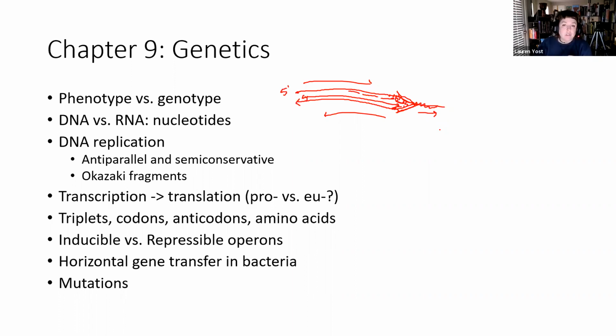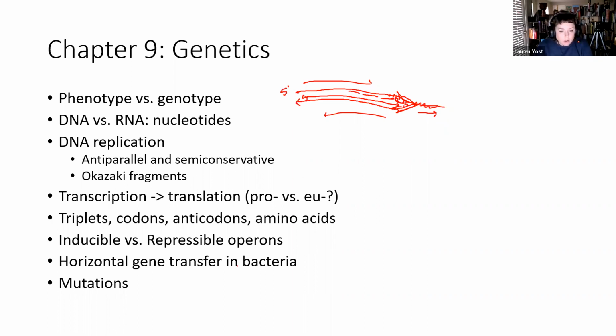The other one is frame shift mutation. The frame shift mutations, basically what you'll have there, if you are reading in steps of 3, let me actually draw this one.